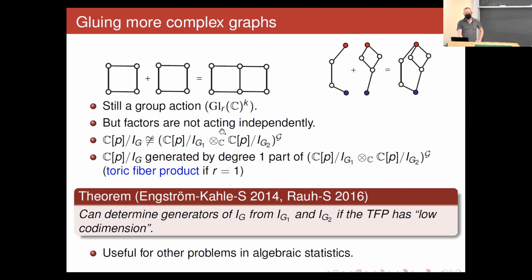Depending on the context, you might get a perfect analog of the previous theorem where the coordinate ring of the bigger graph is isomorphic to the invariant ring of the tensor product. But usually it's not isomorphic, but you can say something like it's the subring of that tensor product that's generated by the degree 1 pieces.